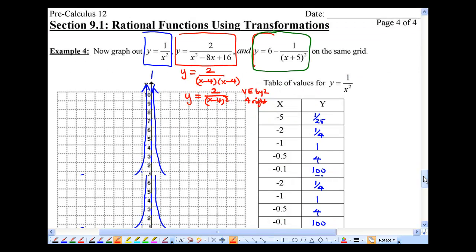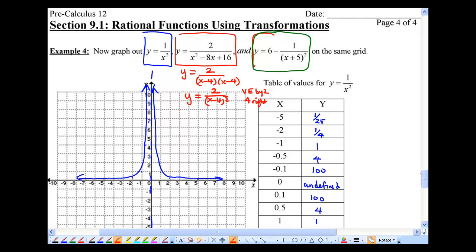Have an asymptote at 4. And then the vertical expansion by a factor of 2 just stretches it, making it more thin. So I'm just going to draw it a little bit more thin. And we're done. There's your sketch.